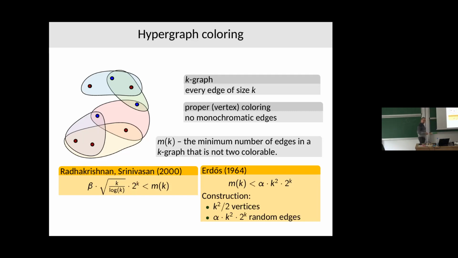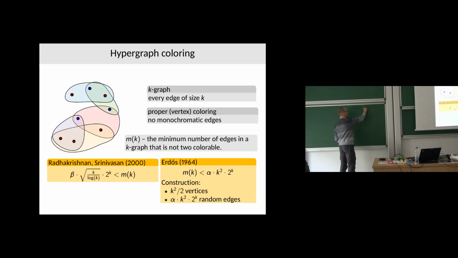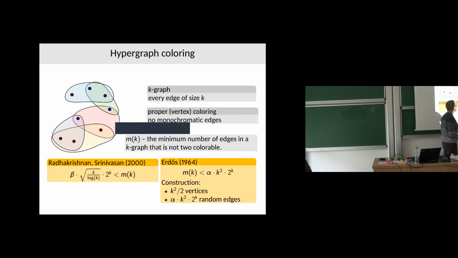Okay, so the number of vertices is an interesting additional feature of the constructions that we are going to look at. So let us just note it. And the number of vertices in this random construction is like k². I write here k²/2 for a reason.